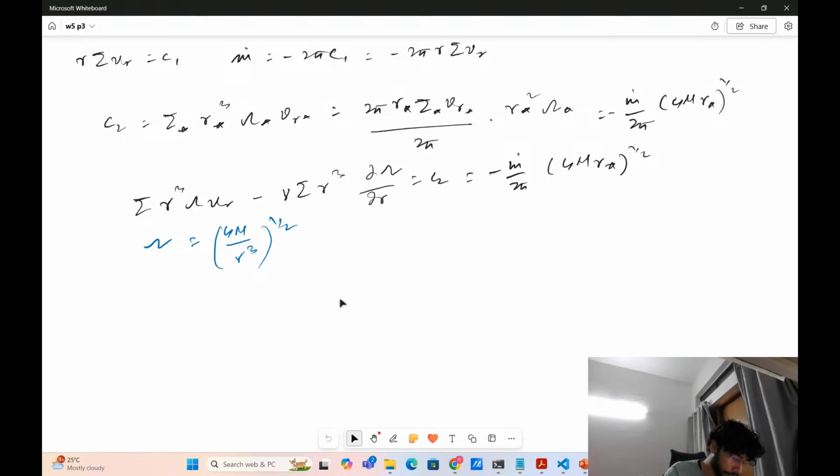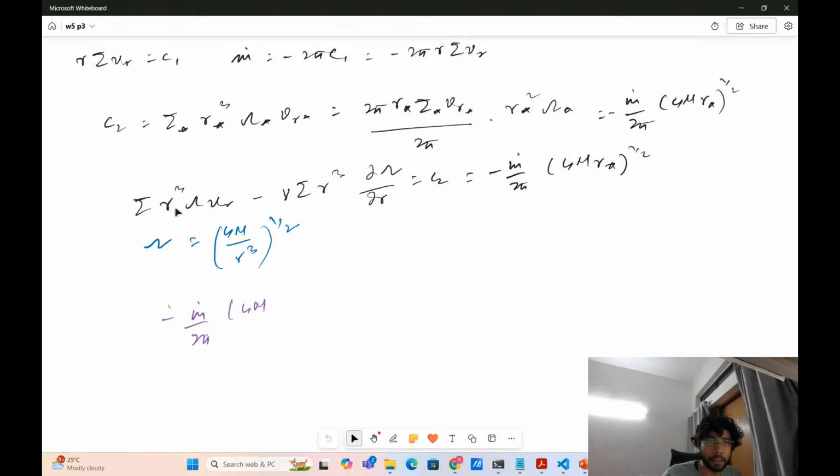Let's see what we get. This part, as we said, r sigma VR is basically m dot by 2 pi.